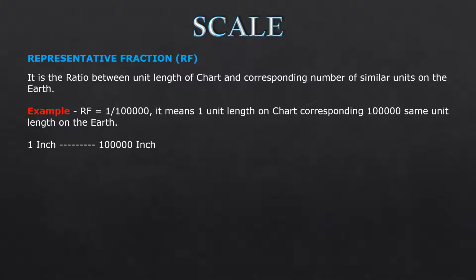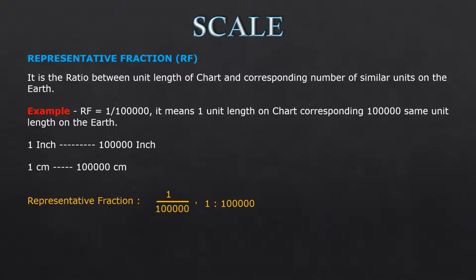For example, 1 inch represents 100,000 inches on the Earth. 1 centimeter represents 100,000 centimeters on the Earth. Representative fraction is written as 1 divided by 100,000 or 1:100,000.